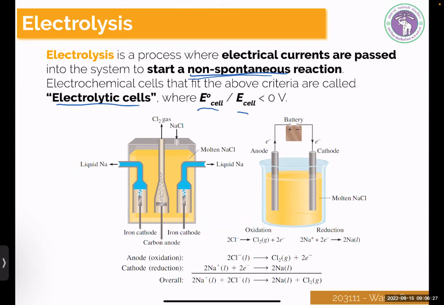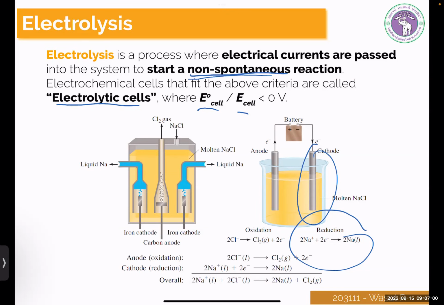When it is melted, you can put in the electrodes and pass in electricity. The sodium ion gets reduced at the cathode to become sodium metal.